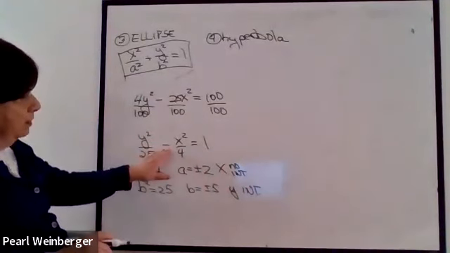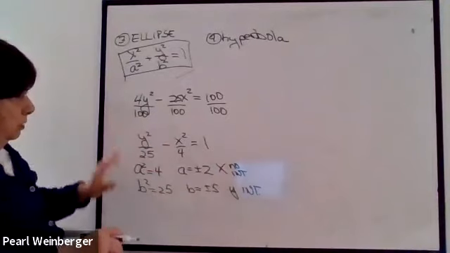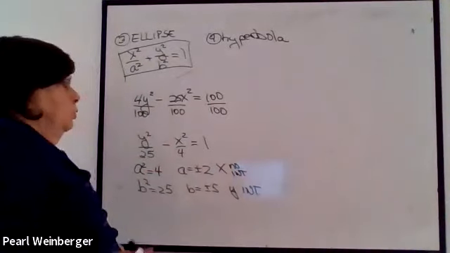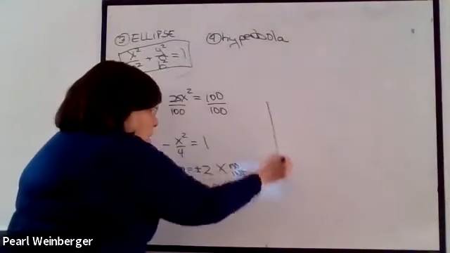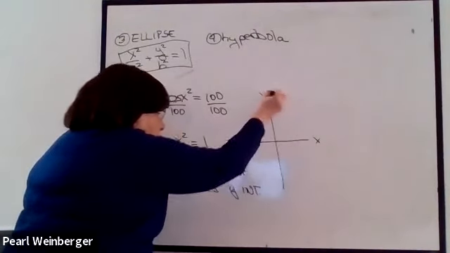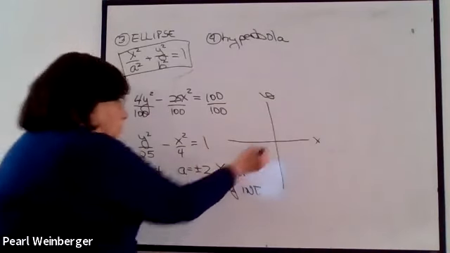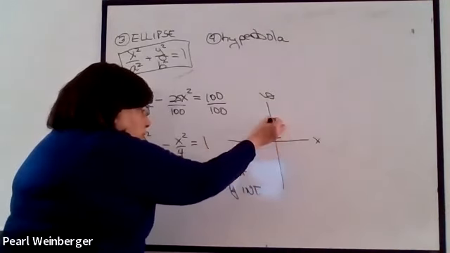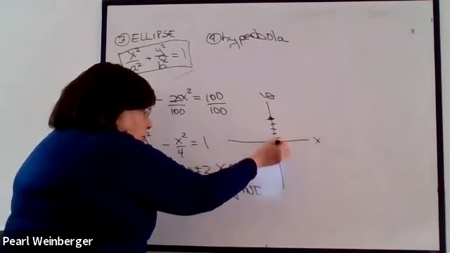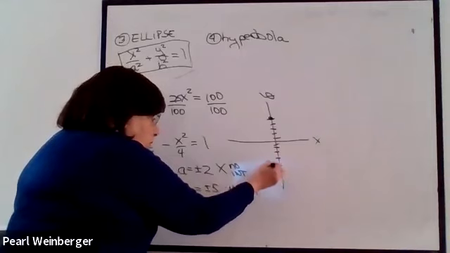Okay, so the one that's negative will not give us intercepts. The one that's positive will give us intercepts, which means suppose I know that my y-intercepts are going to be 1, 2, 3, 4, 5, and 1, 2, 3, 4, negative 5.